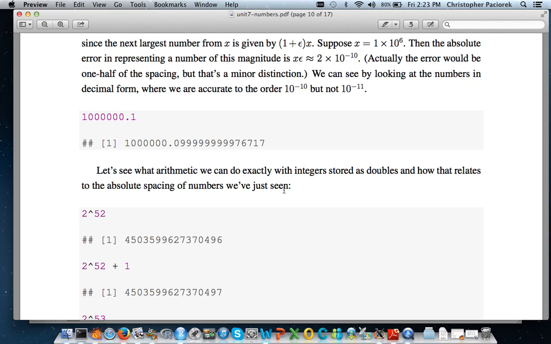The spacing, because it falls within machine epsilon on this scale, is a good way to think of it. So on the computer, all of the numbers are relatively small.